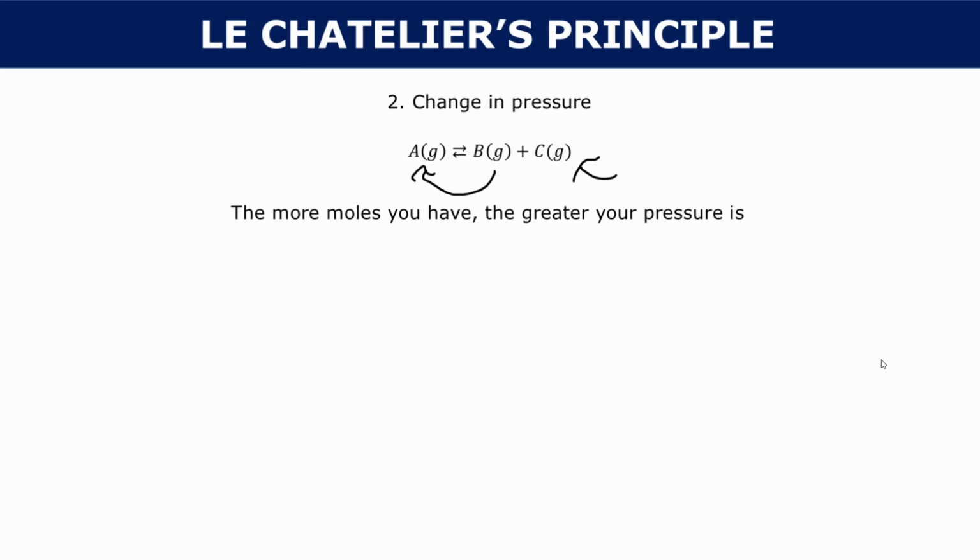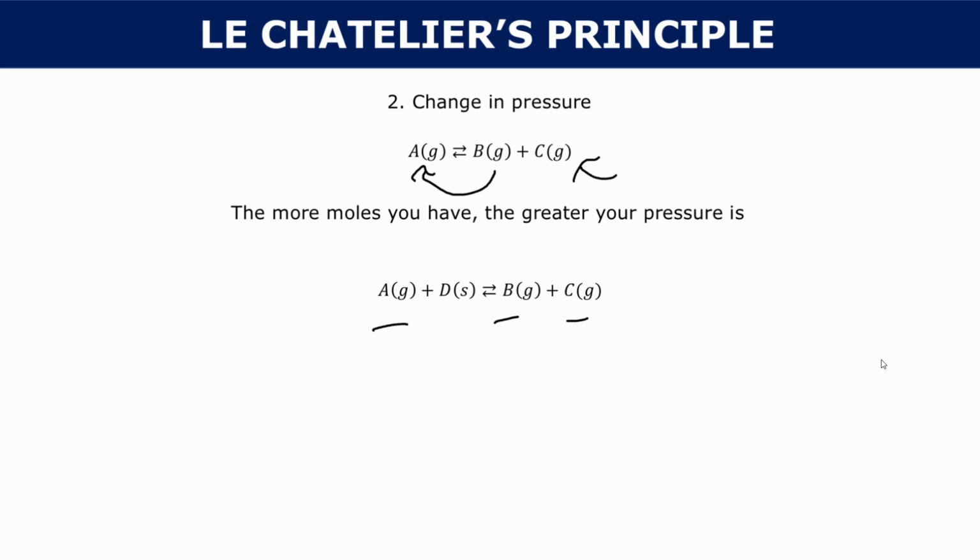Now, an important distinction is between phases. If you had something like A, which is a gas, reacting with D, which is a solid, and it's in equilibrium with B and C, the only things that would matter here are B, C, and A. That's because gases take up a lot more volume than solids. So when looking at the number of moles on each side of the reaction, you should only look at the gaseous molecules.